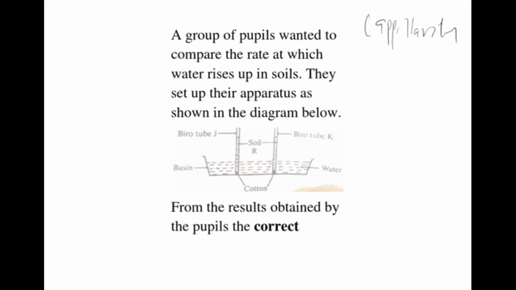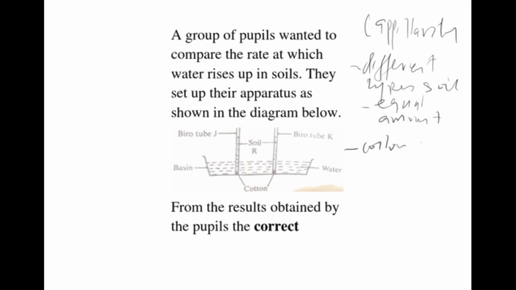Since these types of soil have different soil particles, when carrying out capillarity, you require different types of soil, but the soil should be of equal amount. Also, you require cotton wool, which is equal.